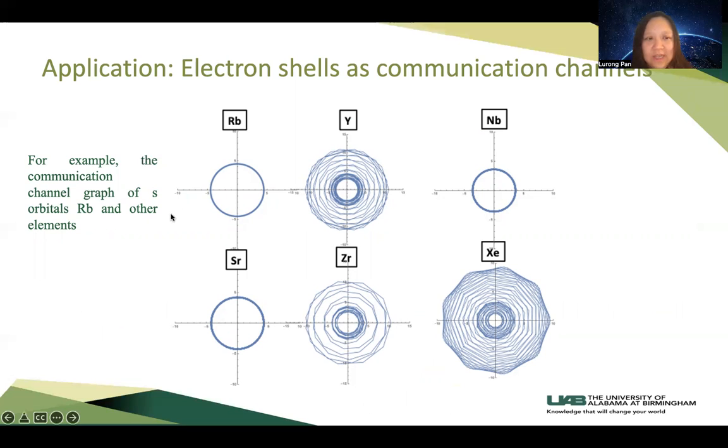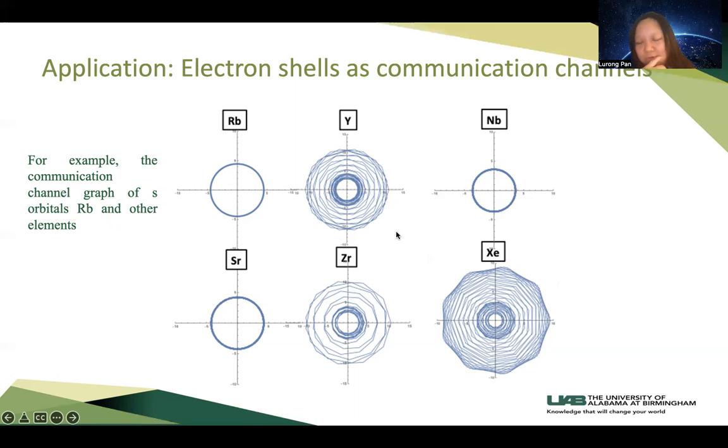For example, this is the s orbital of the first four row elements. And as you can see, this is a dynamic graph that we plotted using Mathematica, but basically they are not static. They're constantly vibrating in this pattern.